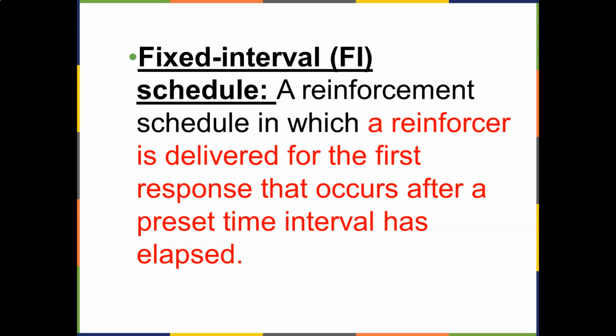Okay, so the third type of reinforcement schedule is what's known as fixed interval. And remember, interval just means a certain amount of time. So a fixed interval is when a reinforcer is delivered for the first response that occurs after a preset time interval has elapsed.